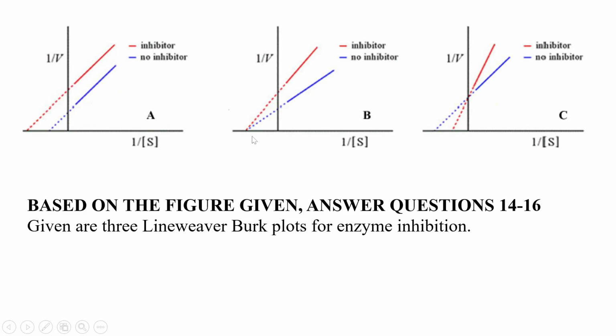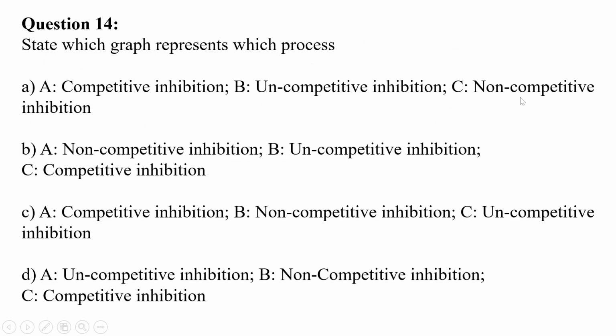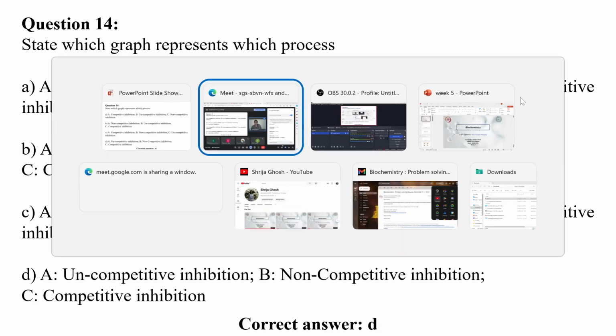In the second case, Km is constant but Vmax is decreasing. It is called non-competitive inhibition. And in the third case, C, Vmax is constant and Km is increasing. It is called competitive inhibition. So option D is the correct answer.